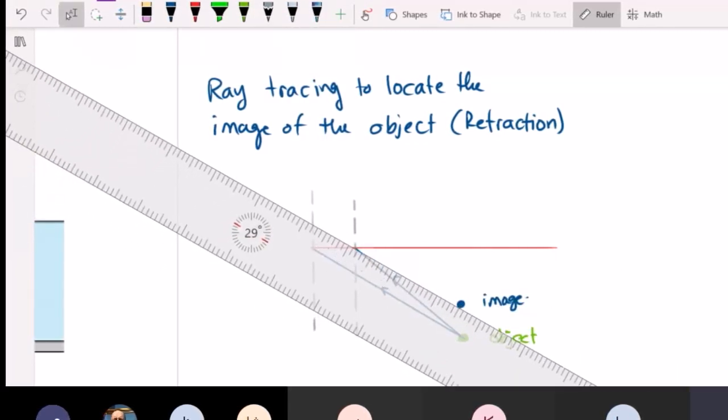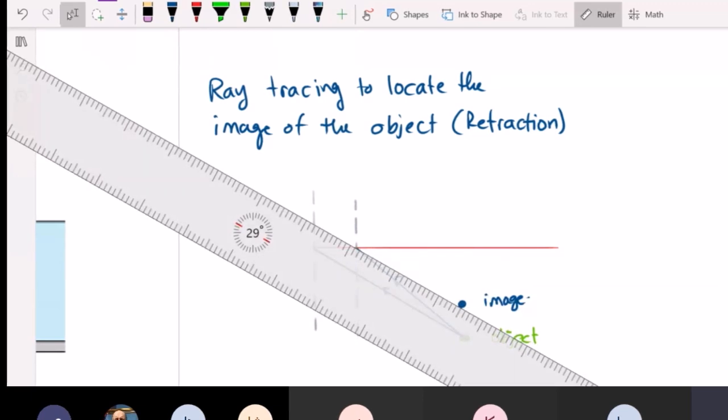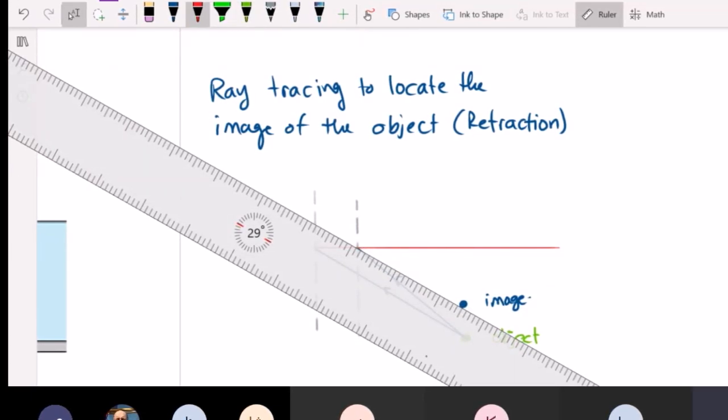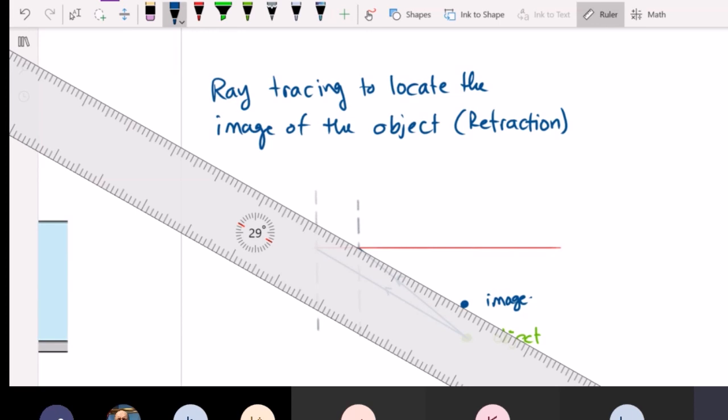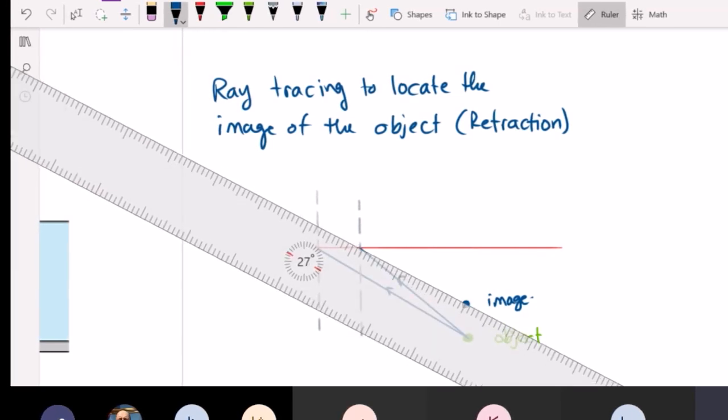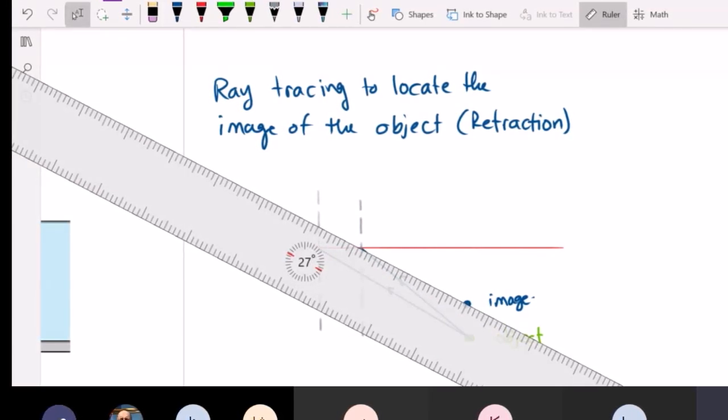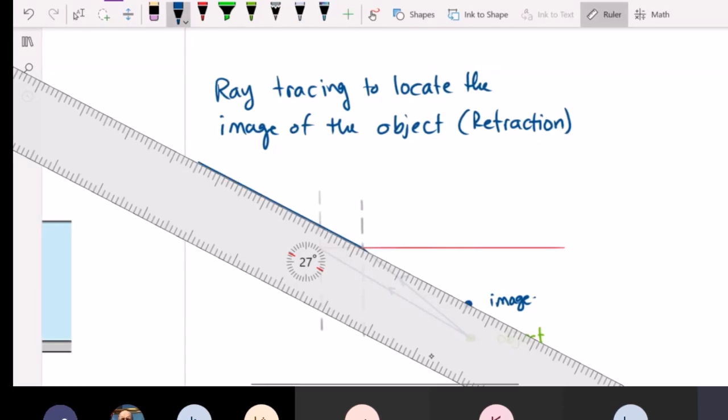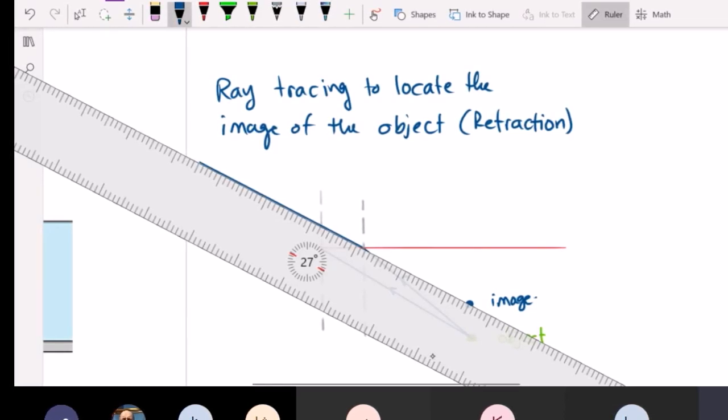Look how I am going to draw the refracted rays from the image. Guys, please pay attention with me here. Refracted ray from where? Look at the position of my ruler. It seems I will draw the refracted ray from the image, so I can extend it like this.